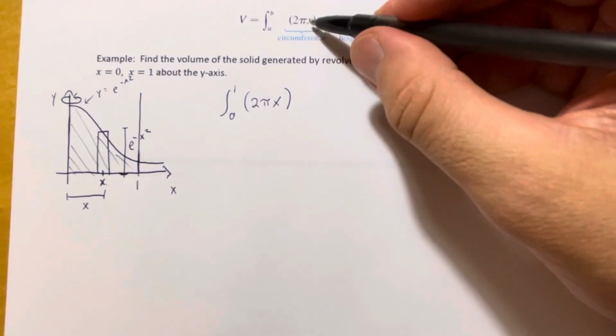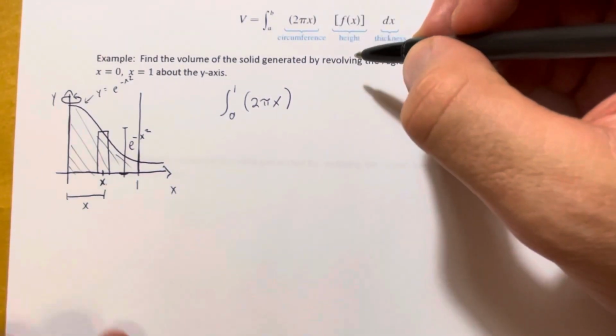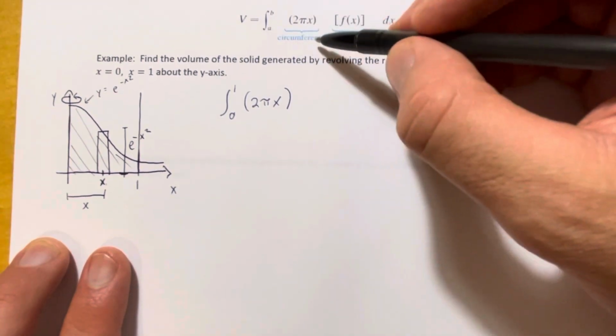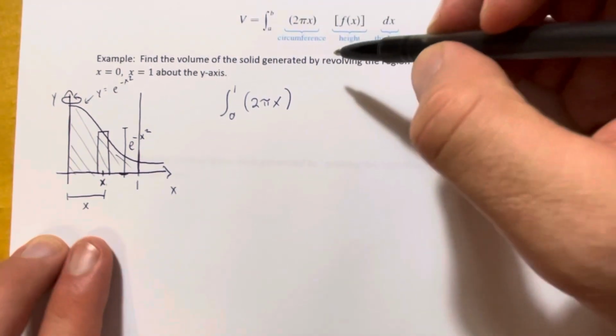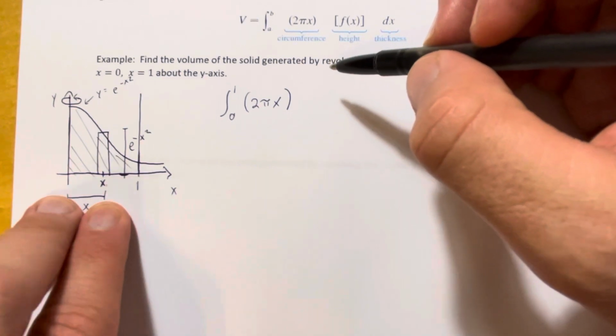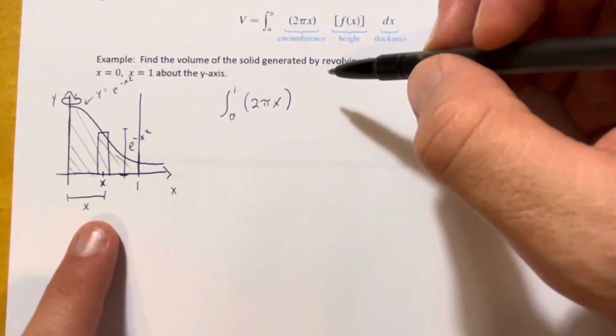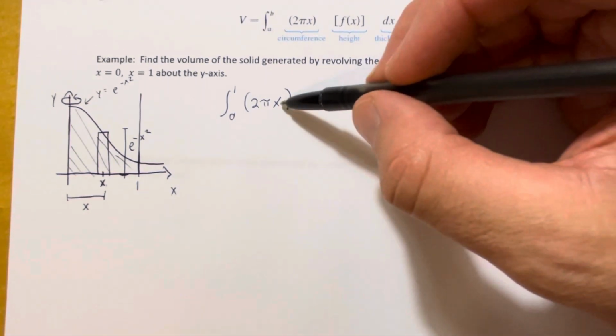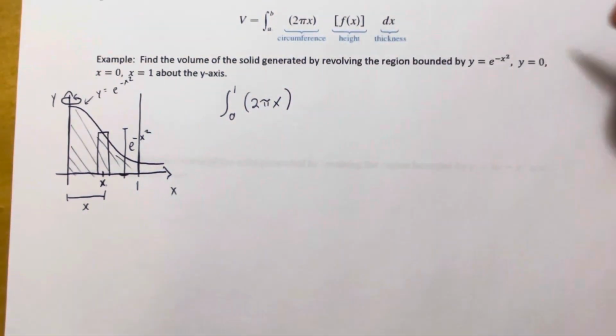And in this case, it's not just because it says 2 pi x here, but it's literally because that x represents the radius, right? Circumference of a circle is 2 pi r. And the radius of this thing, if I were to create that cylindrical shell, I can see from the picture would be x. But remember, in different examples, this might change into something slightly different.